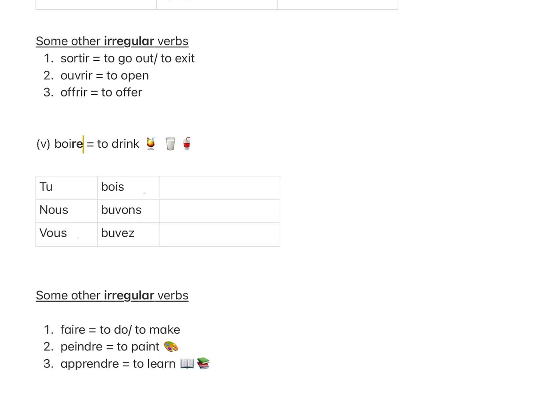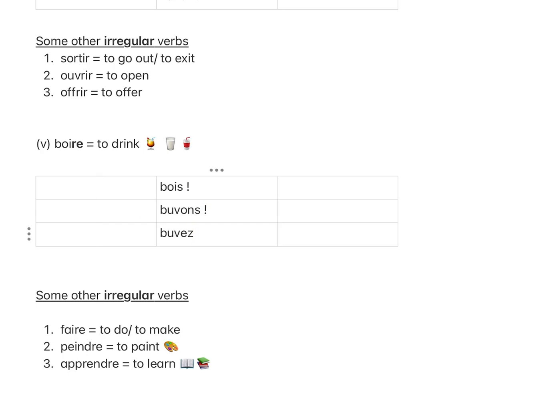So we get tu bois, nous buvons, and vous buvez. To make the imperative form, we remove the subject pronouns. And the second step, which is also the final step, is to add the exclamation mark.